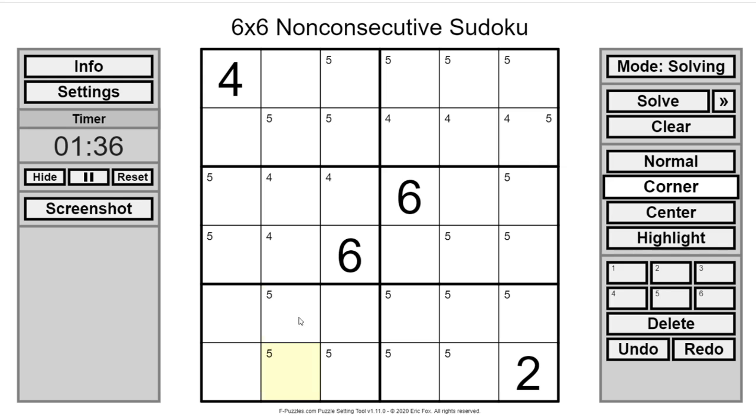Now this can't be a 4 because it would segment all the 5s. That can't be a 4 because it would segment the 5s. Not sure if I can get anywhere else. 2 doesn't particularly affect anything yet.